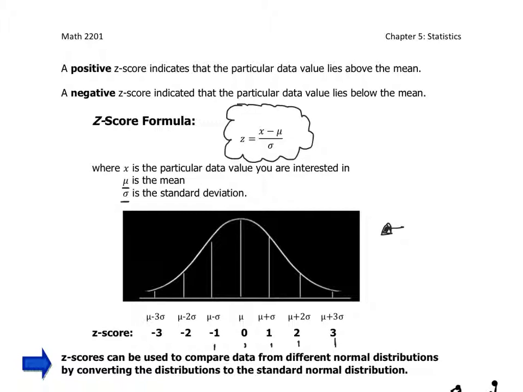And -1 would be 1 below the mean, -2 would be 2 standard deviations below the mean, and 3 standard deviations below the mean would be a z-score of -3. And this line here describes it in terms of the mean. So the mean is in the middle, then mean plus 1 standard deviation, mean plus 2 standard deviations, mean plus 3 standard deviations, and the same for the negative direction: mean subtract 1 standard deviation, subtract 2 standard deviations, and subtract 3 standard deviations.